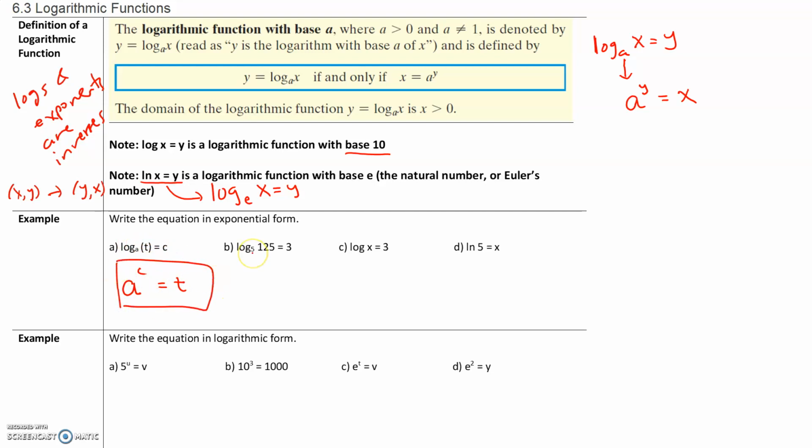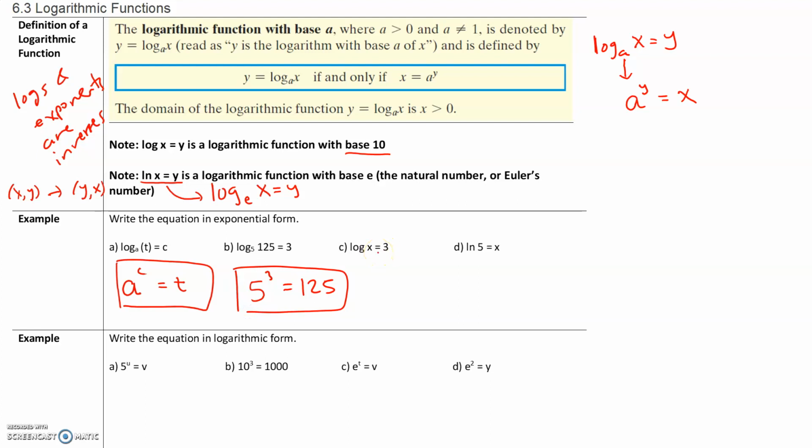Next one, the base of the log, which is the 5, becomes the base of the exponent. The 3 becomes the exponent, so we get 5 cubed, and that equals 125. So it's the base, 5 to the third power, equals 125. The 3 and the 125 reverse.